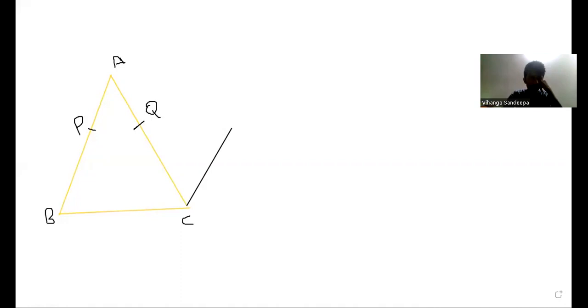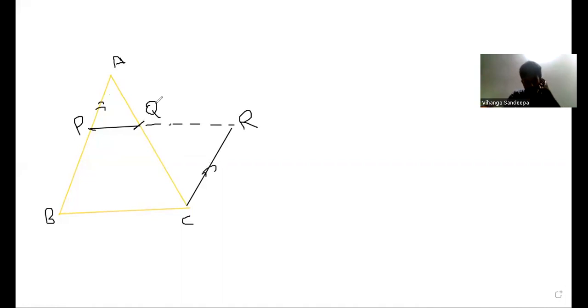Then we have to connect P and Q. And also this point is R. We have to draw a parallel line to the side AB through C. It is CR.